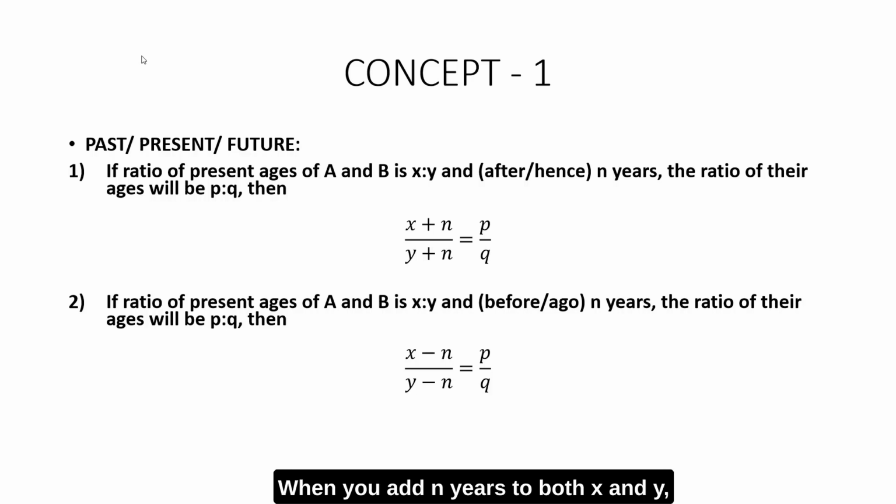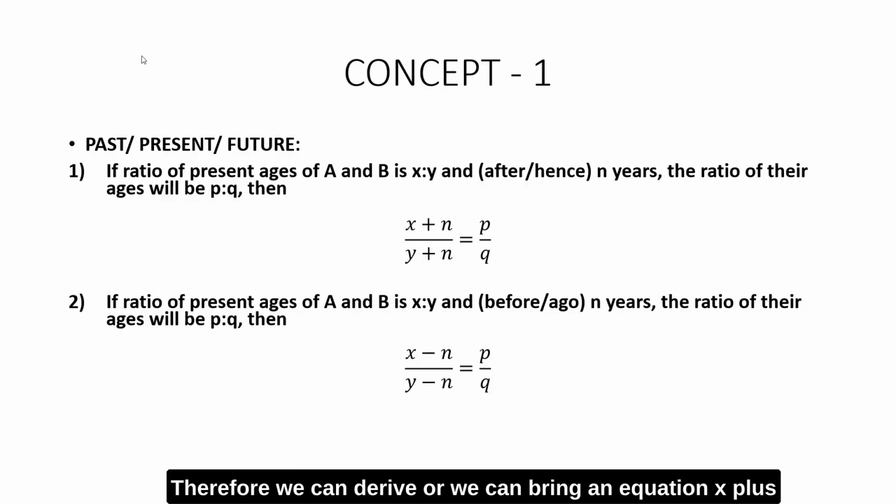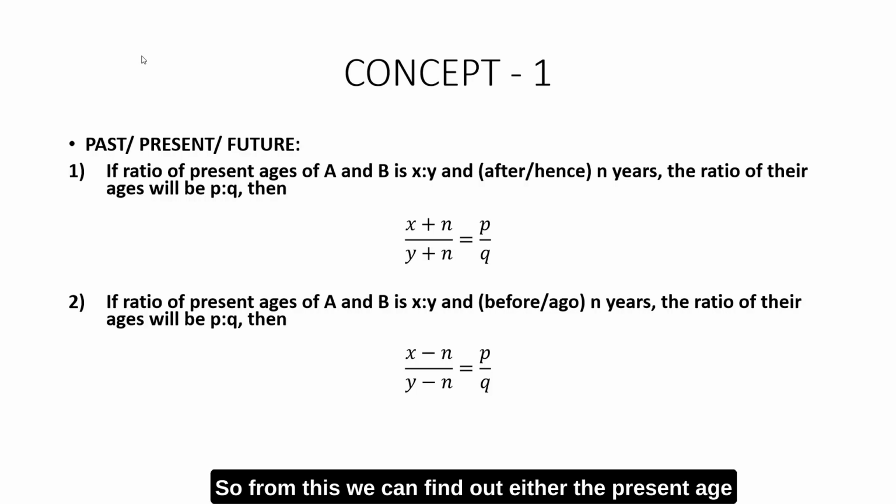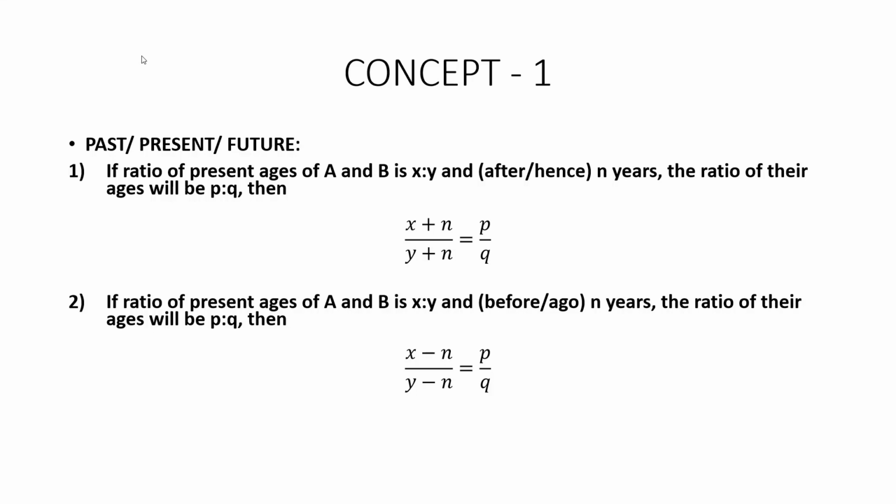When you add n years to both x and y, the ratio gets modified to P is to Q. Therefore, we can bring an equation: x plus n divided by y plus n is equal to P by Q. From this we can find out either the present age or the future age, that is after n years, very easily.